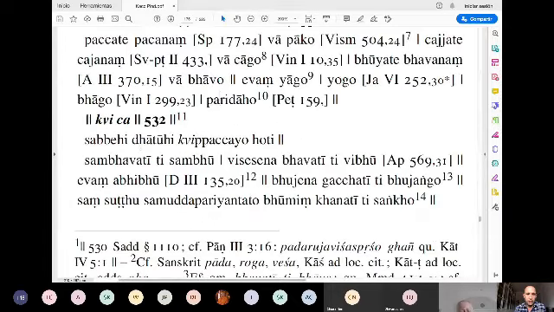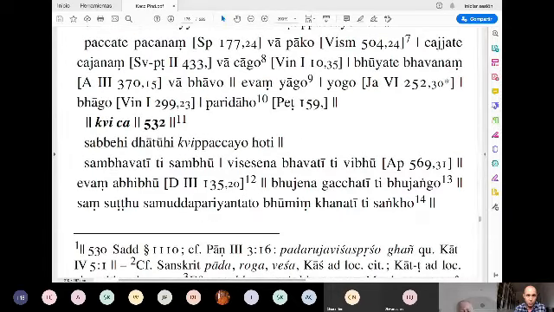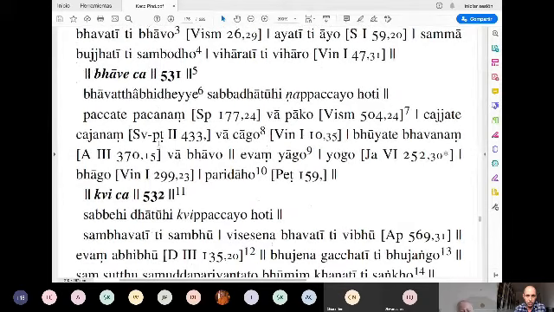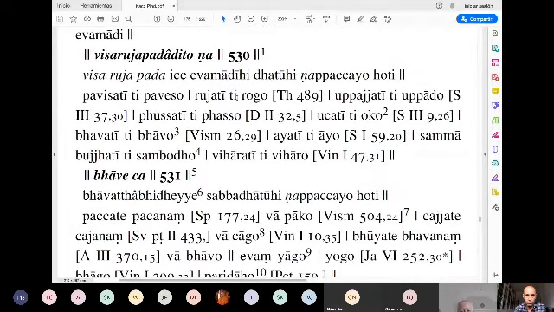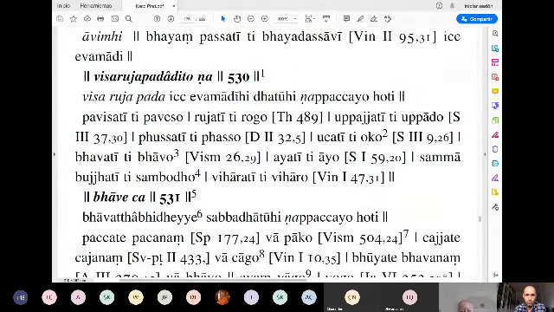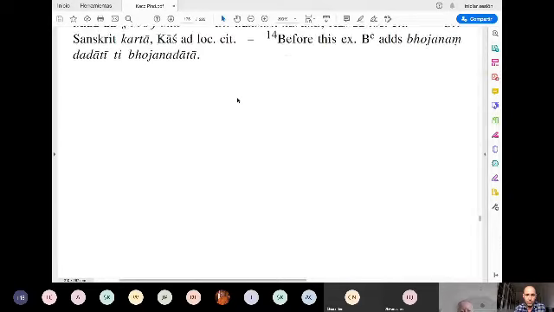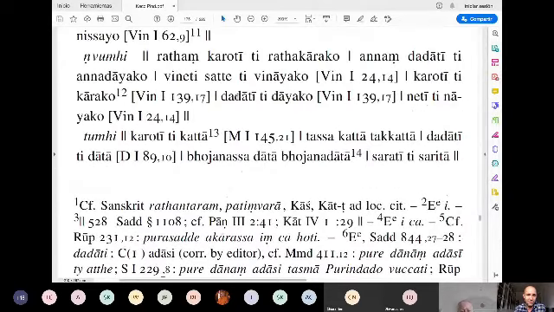So why he says sabbehi here, that I understand could be the question, because here it's already all. One has to look into the actual details.